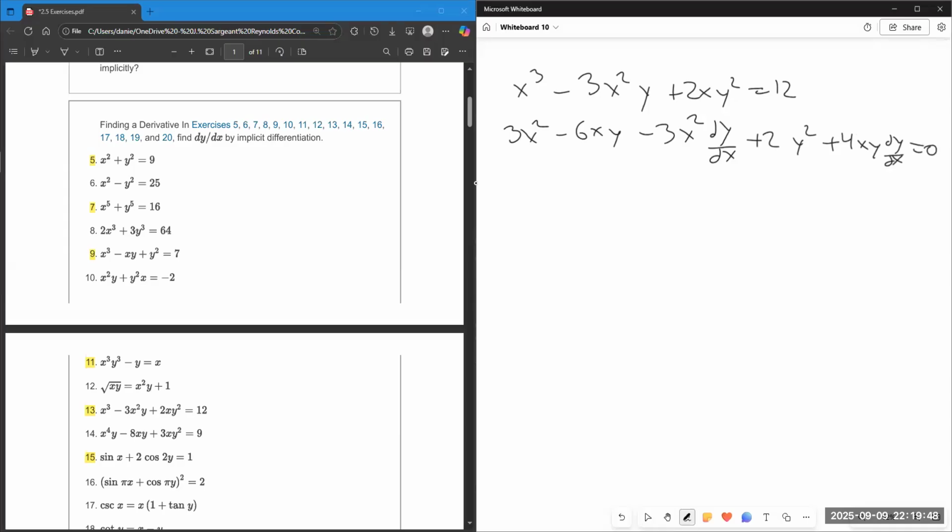So we're going to keep our dy dx terms on the left side, 4xy minus 3x squared dy dx, that's this term and this term.